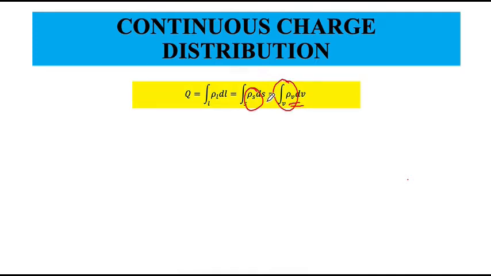So the potential at any point in space, V of r, is simply obtained as the superposition of the potentials by considering them to be point charges, essentially saying that the summations become integrals. And you can replace the charge q which was there in the point charge potential calculation by the appropriate integral.